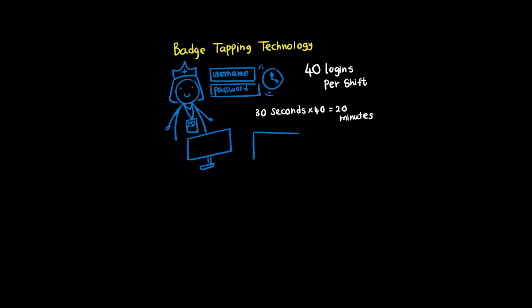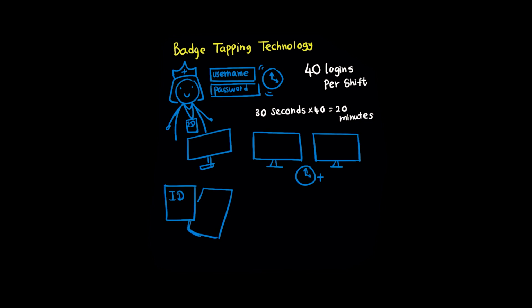Picture a nurse's typical shift, entering 20 different patient rooms, accessing computers dozens of times, logging in and out repeatedly for security compliance. Traditional login means typing usernames and passwords each time. Maybe 30 seconds per login. But multiply that by 40 logins per shift. That's 20 minutes just typing passwords.